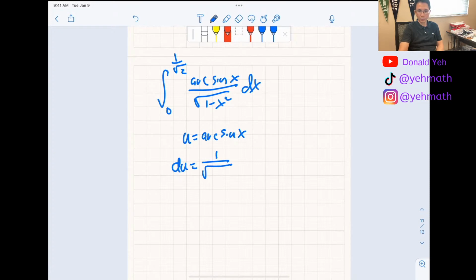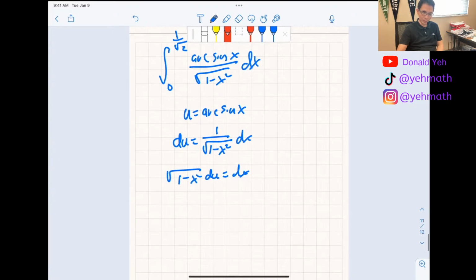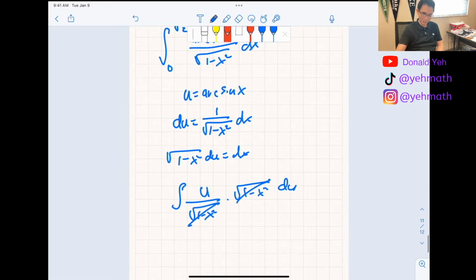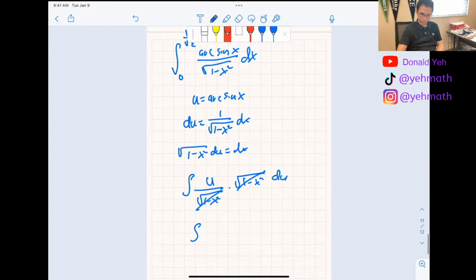It's 1 over 1 minus x squared dx. Do you see that? I can say 1 minus x squared du is equal to dx. So that's going to be the integral of u over the square root of 1 minus x squared, and dx is 1 minus x squared du. So can that cancel out? That's going to be u du. Do you see that?